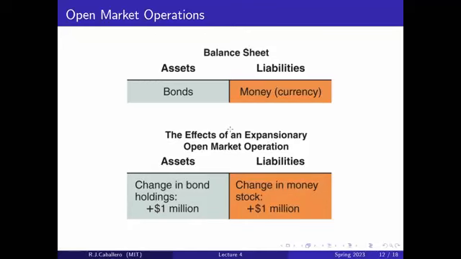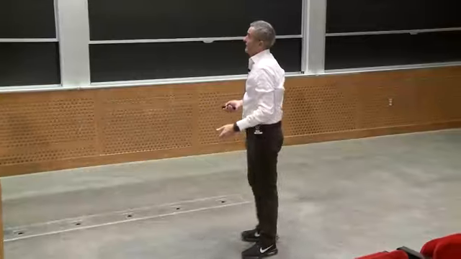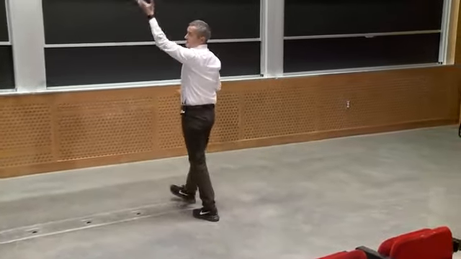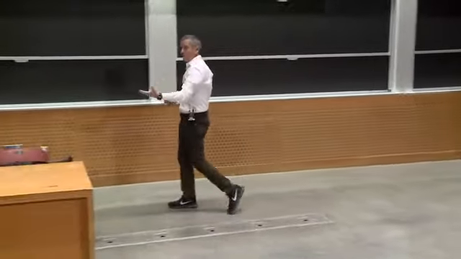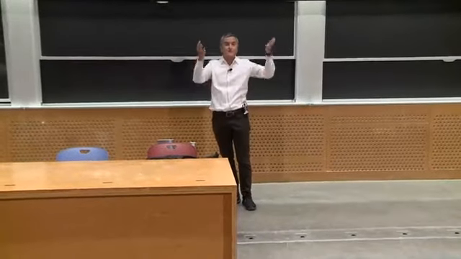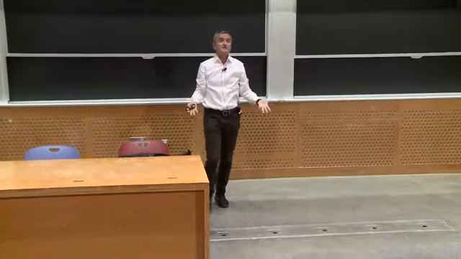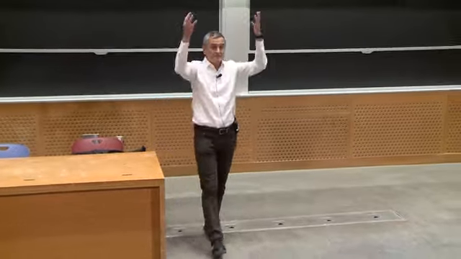And so at the end, the balance sheet ends like it used to be. There's an extra $1 million of liabilities because now there's $1 million more of dollars circulating out there, but against that, the central bank also has $1 million more of bond holdings. Okay. So that's what happens when there is expansionary monetary policy: the balance sheet of the central bank expands. Both sides expand by the same amount, okay, but expands.